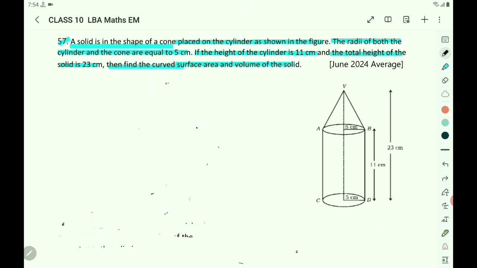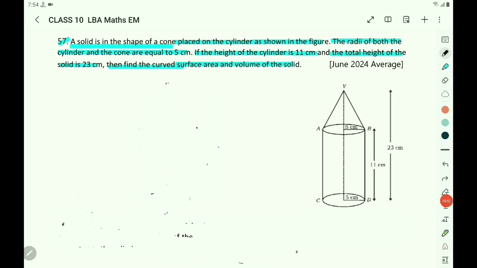To find the curved surface area of this solid, we have to add the curved surface area of the cone and curved surface area of the cylinder. It is CSA of cone plus CSA of cylinder, or CSA of cylinder plus CSA of cone.